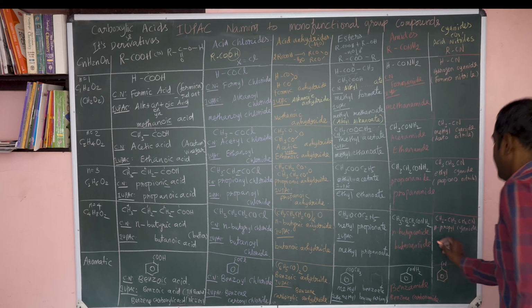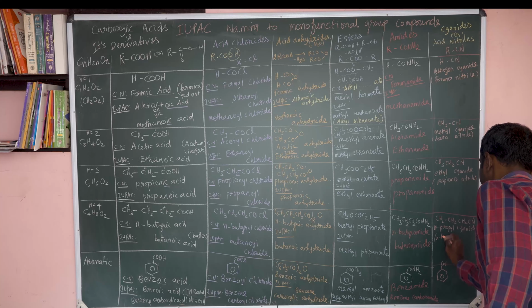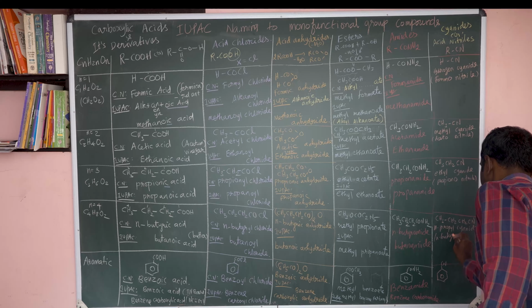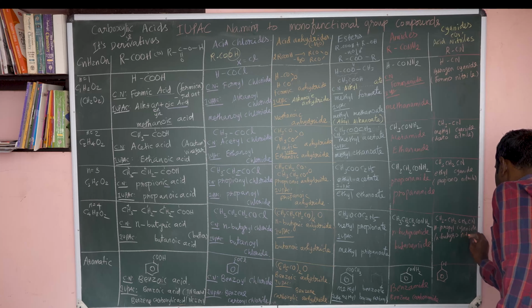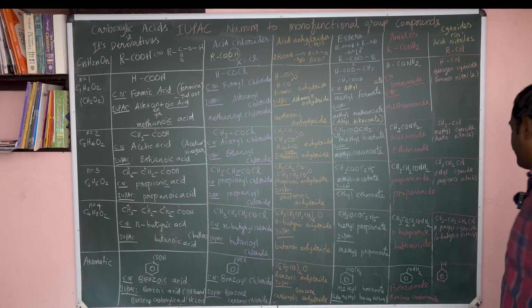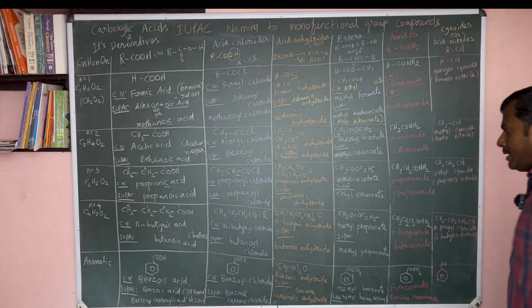And the acid name is N-butyric acid. So N-butyric, instead of IC, O, so N-butyronitrile. This is from benzoic acid.